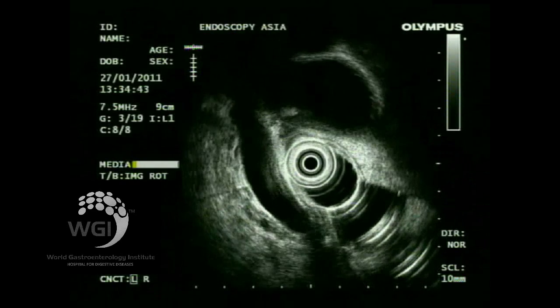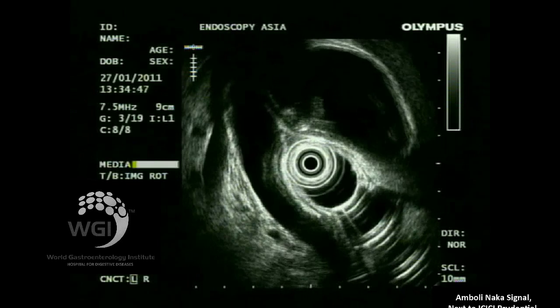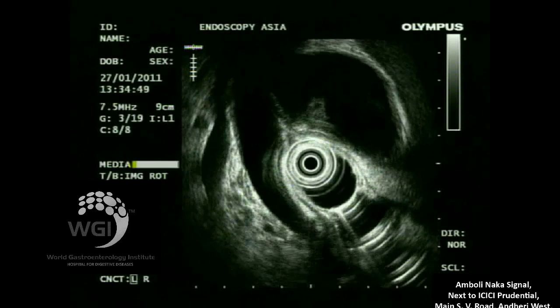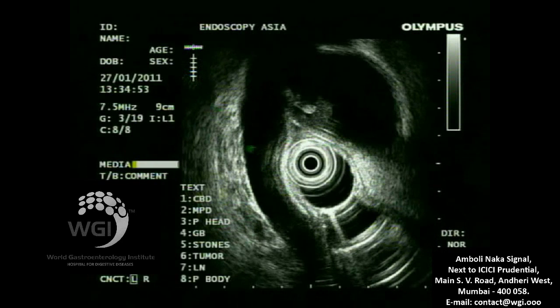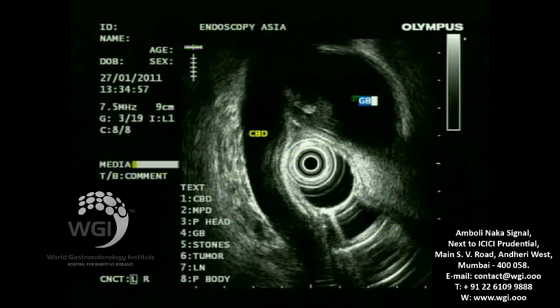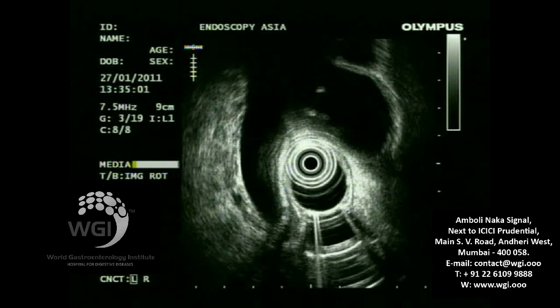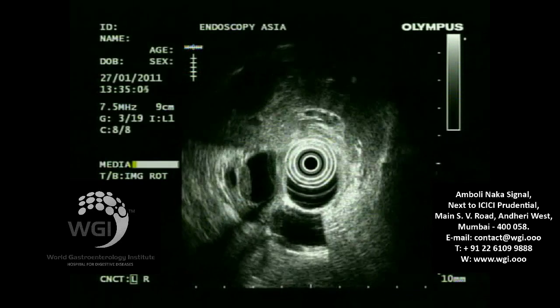You can see the dilated CBD with a small layer of sludge, which actually could be purulent material. So whenever you see some echogenic filling defect in the bile duct, it's usually purulent material, especially in impacted stones.